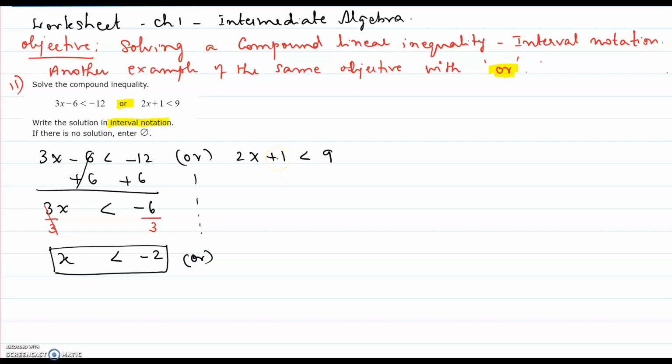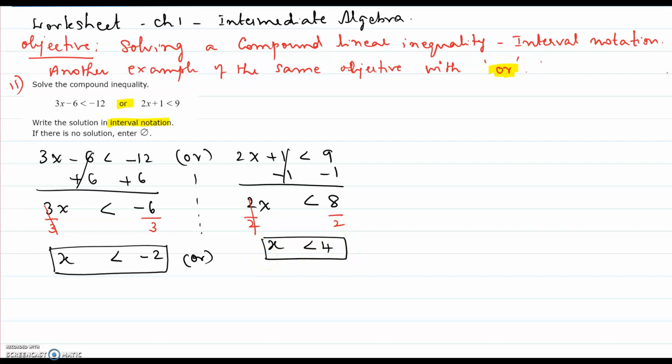Then let's solve the second inequality. Subtract 1 on both sides. So it will become 2x is less than 8 and divide by 2 both sides. So we get x less than 4.